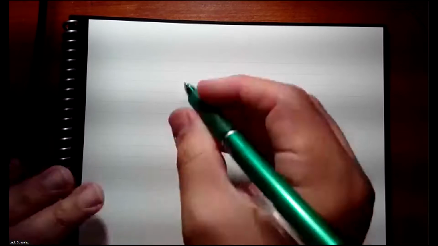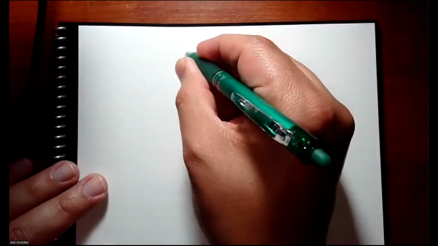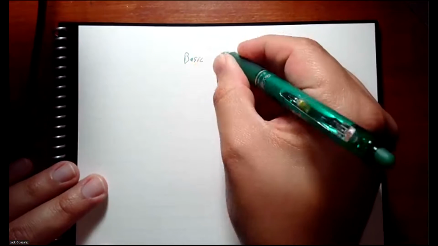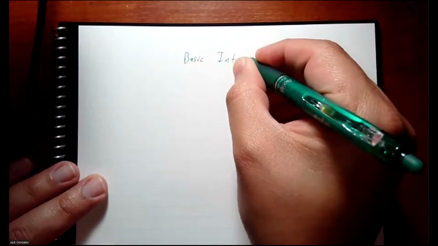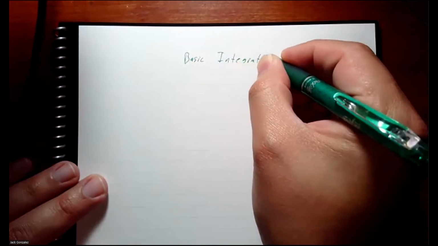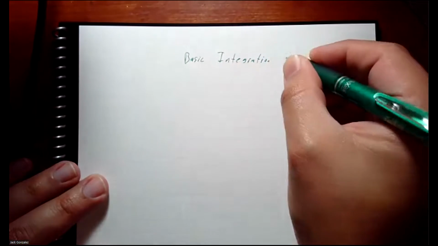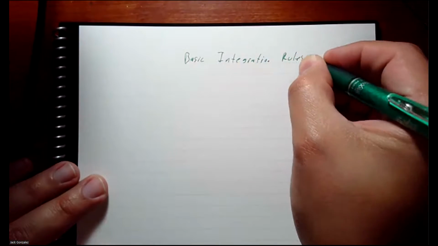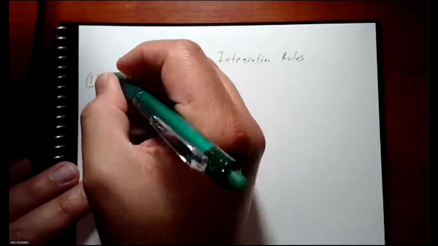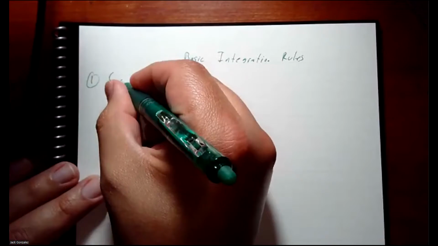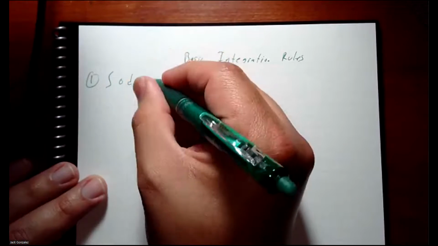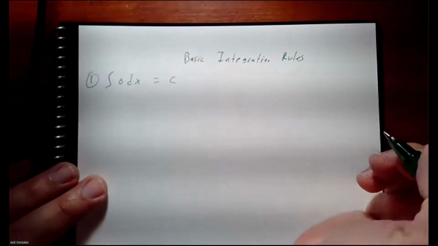I wrote them here. Here are the basic integration rules. Number one, the integral of 0 with respect to x is equal to some constant.